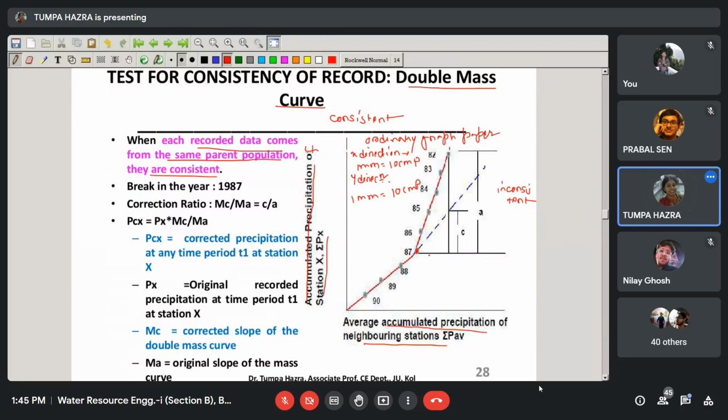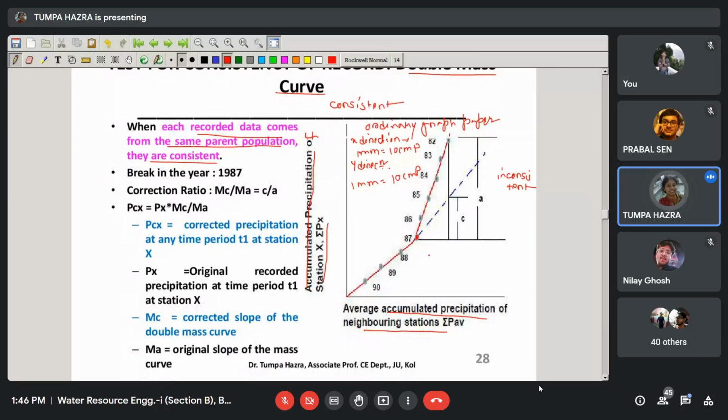Now, whenever you have found that inconsistency, I have already told you that lots of costs are associated with collecting the data. So without discarding the data, we will correct the data. If we find that the data is inconsistent in nature, then we will correct the data. How will we correct the data?